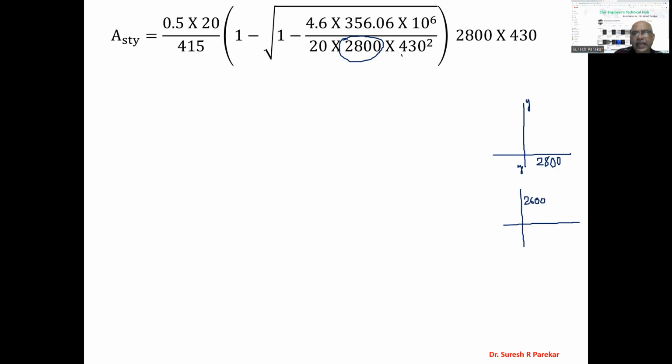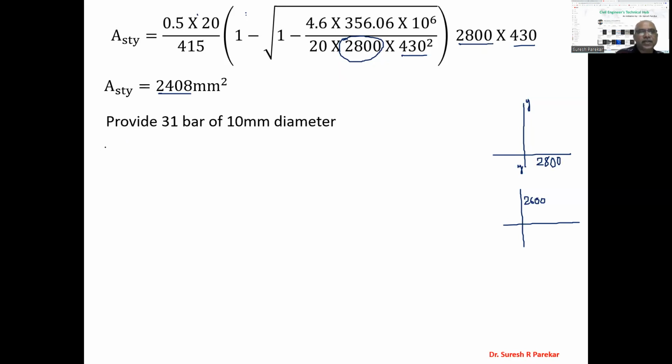And then we have dy 430, and then we will get this value of AstY, that is 2408 mm square. So this value is a little bit increased from last time, because here B we have considered as 2800 millimeters, and then provide 31 bars instead of 28. So for AstX 28 and for AstY 31 bars.